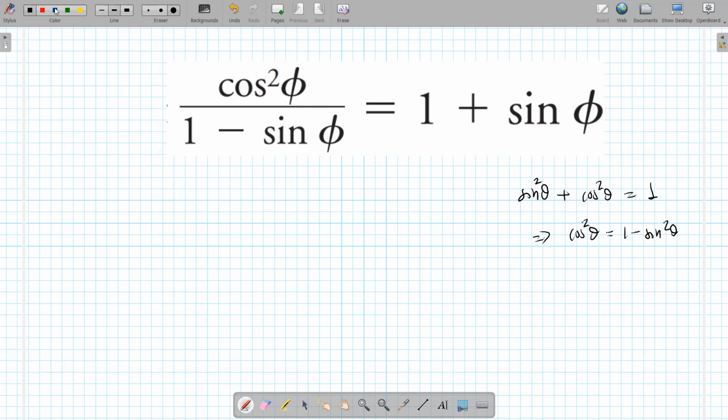So let's try that here. We're going to start on the left side. I'm going to replace cosine squared with 1 minus sine squared. Let's see if that gets us anywhere. Cool. So see, it'll get us somewhere. What form is this in? It's in a certain form.